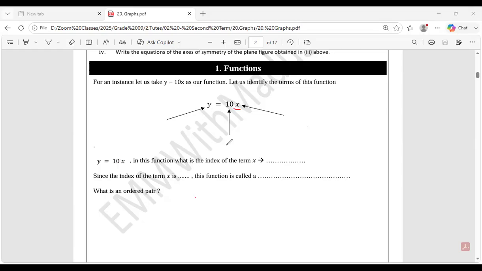If you learned the integers lesson, this is nothing. Can anyone tell me what is the index of this x? Think a little bit.